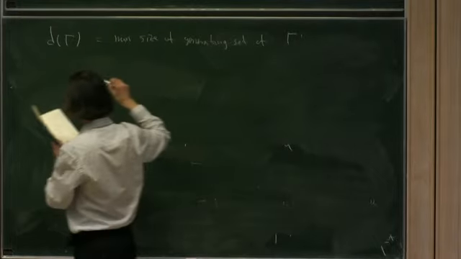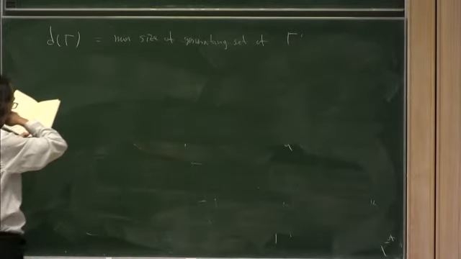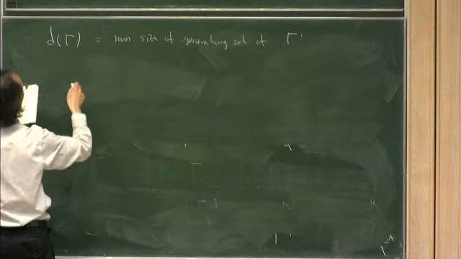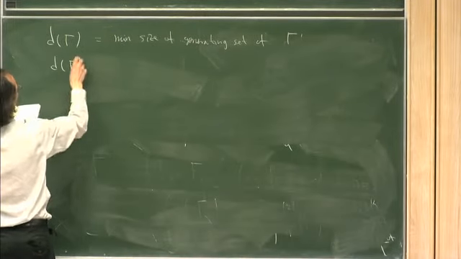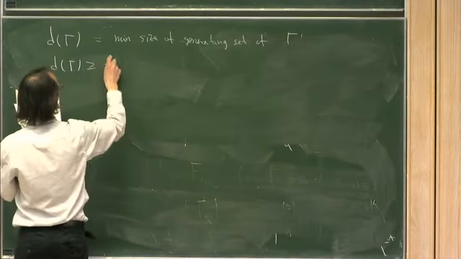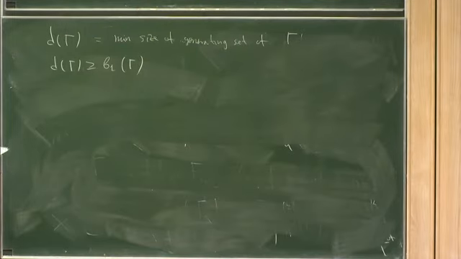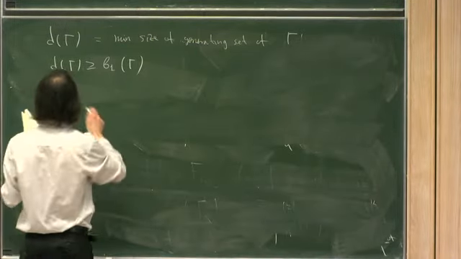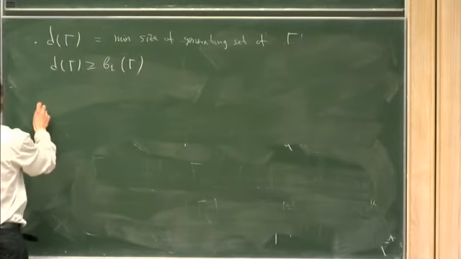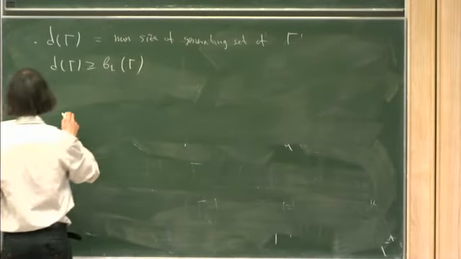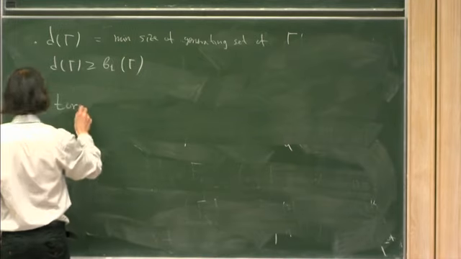Gamma, and of course this is trivially a bound on the first Betti number. And the other invariant I'm going to talk about is the torsion, the size of the torsion group.